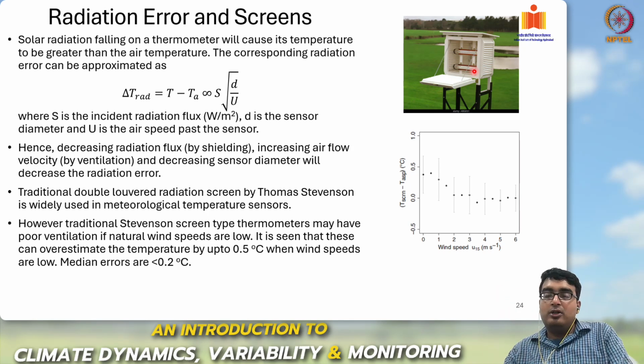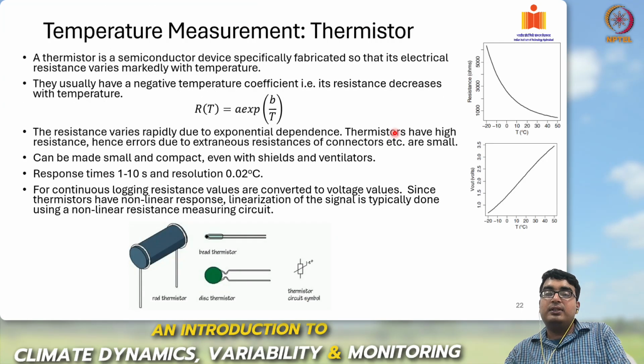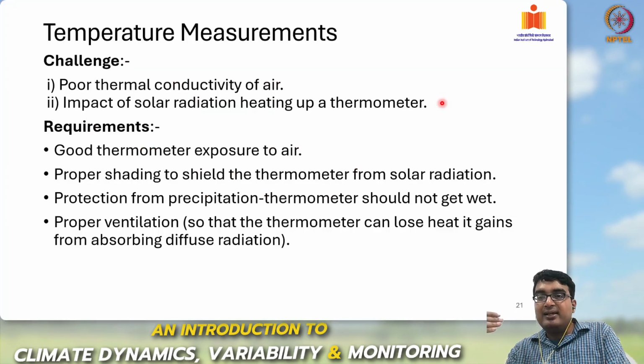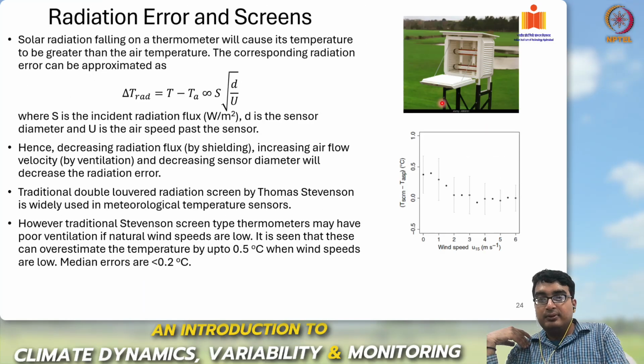Okay. So you also saw a smaller variant of this in our automatic weather station. This one. Again, you see this kind of, if you remember, windows of old buildings have these kinds of slatted screens. So that is specifically what is being done here. So the air can enter, but sunlight doesn't. Okay.